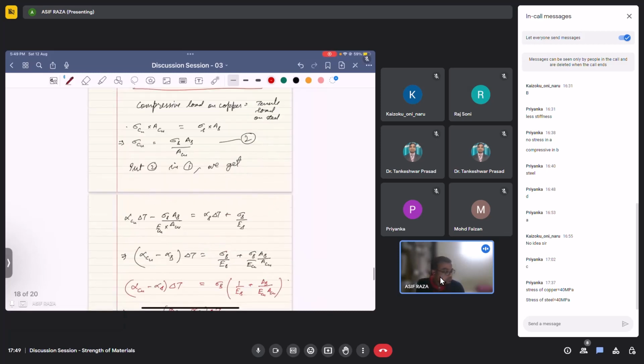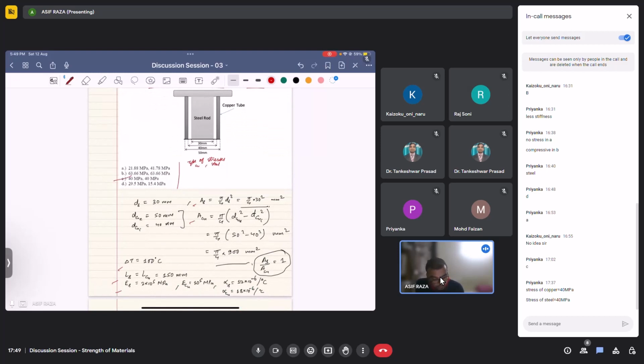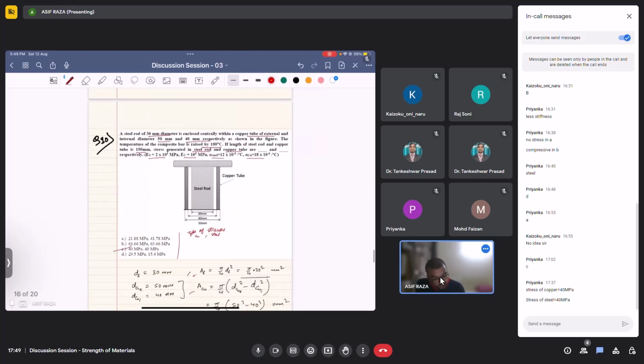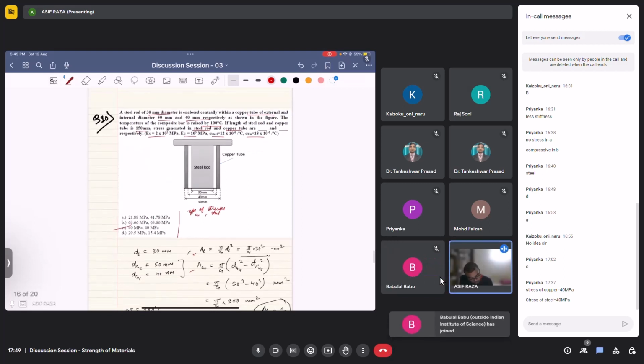So with sign, if I write, both would be 40 megapascal. In the steel it would be compressive stress, 40 megapascal, while in the copper it would be minus 40 megapascal.